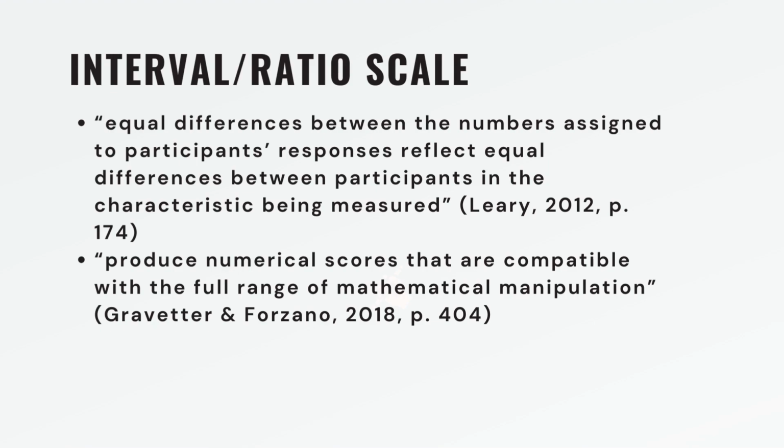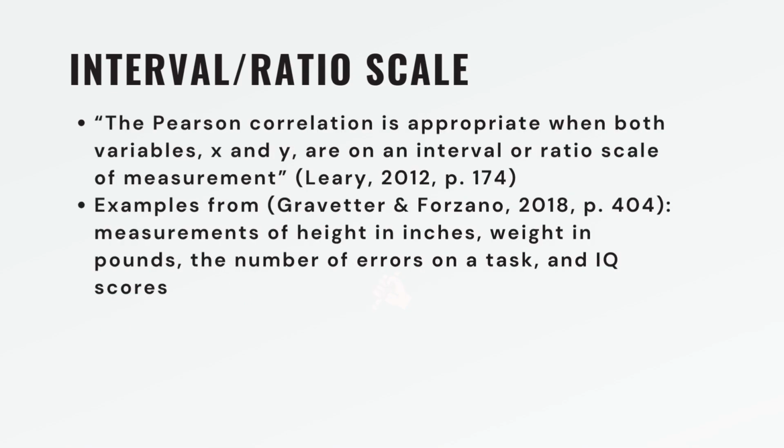However, interval and ratio scales differ in that ratio scales have a true zero point, whereas interval scales do not. Graziano and Raulin also stated that ratio scales and interval scales produce numerical scores that are compatible with the full range of mathematical manipulation. A correlation that uses the interval ratio scale is the Pearson product moment correlation.